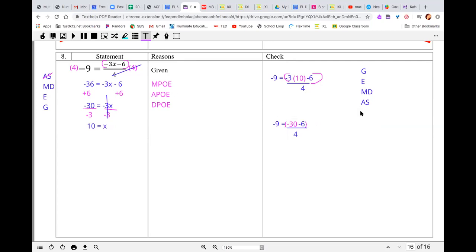Okay. So we have negative 30 minus 6 divided by 4. Are we still in our group that we're simplifying, or are we all done with that? Still working on the group.